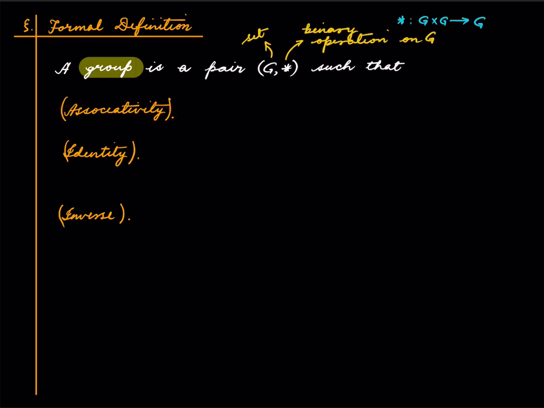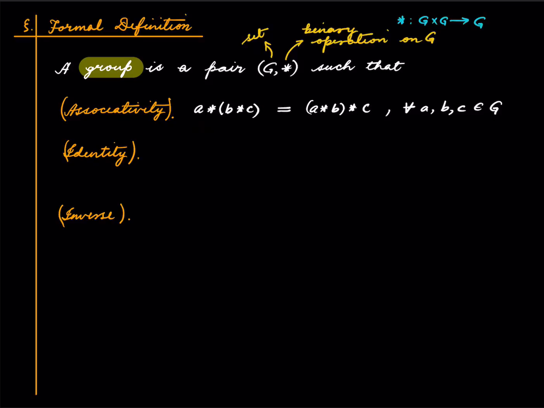The first property is associativity, which says that (A star B) star C equals A star (B star C) for all A, B, C in G. So it just doesn't matter in which order you compute this.